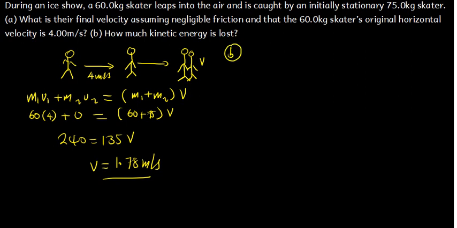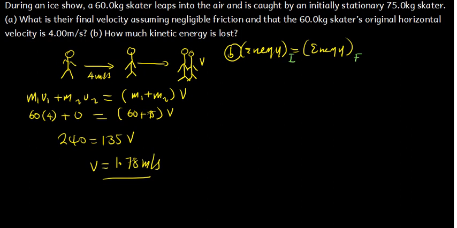Now if kinetic energy is lost, then we know that energy before is going to be equal to energy after. Okay, this is the energy initial is equal to energy final.